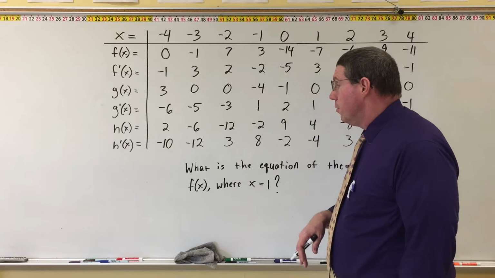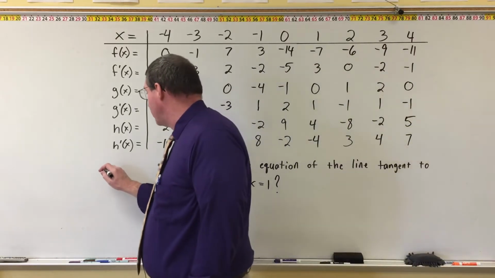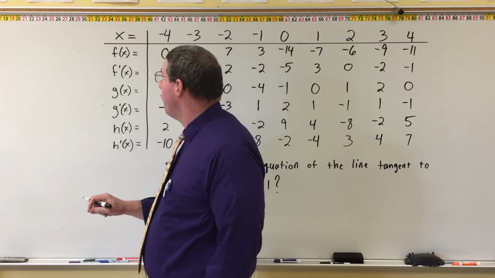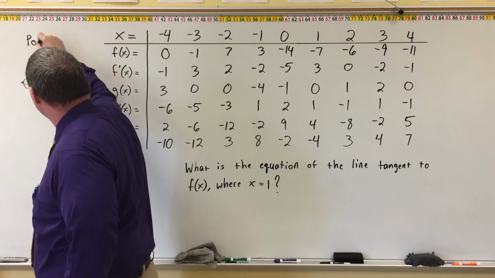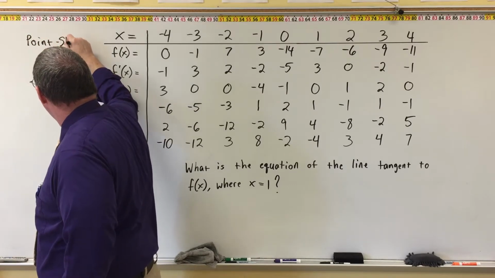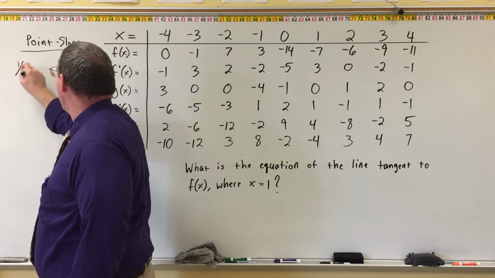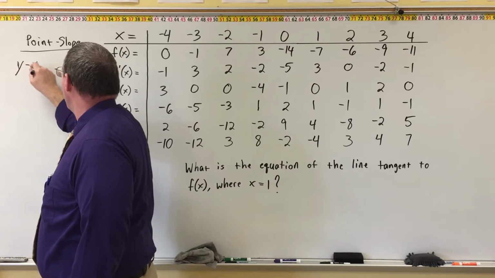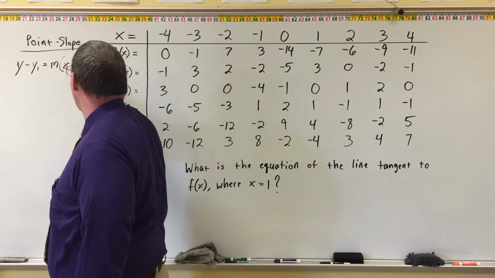I want to remind you that if you wanted to write the equation of a line in point-slope form, the point-slope form of a line is y minus y1 is equal to slope times x minus x1.